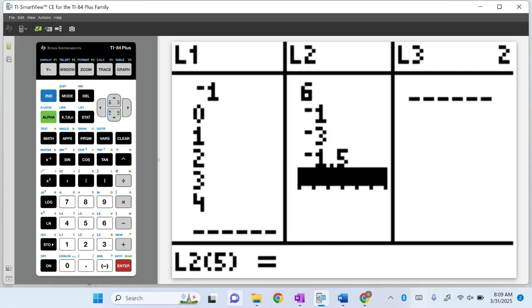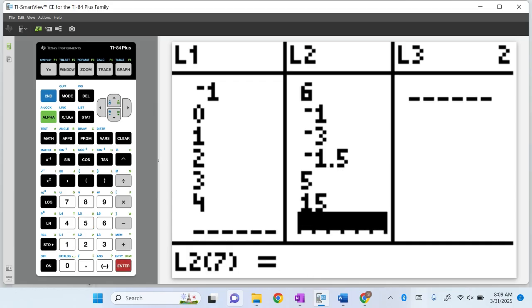So once you get all the numbers entered in, look up at me. So it should look like this when you're done. So everyone should be trying this in the calculator.